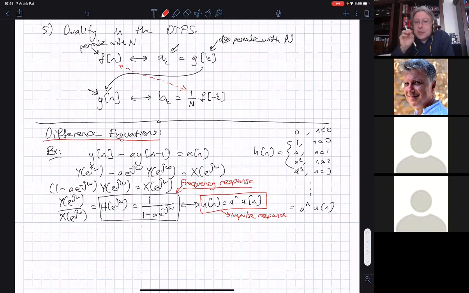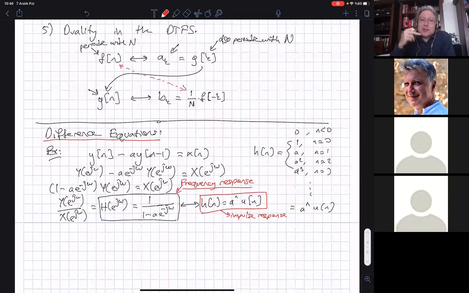I can give you the impulse response, like h of n is equal to a to the n u of n, and I may ask you the difference equation, which describes the input-output relation. How do you find it? You take the Fourier transform of h of n and obtain H of e to the j omega. Okay, the frequency response you get.